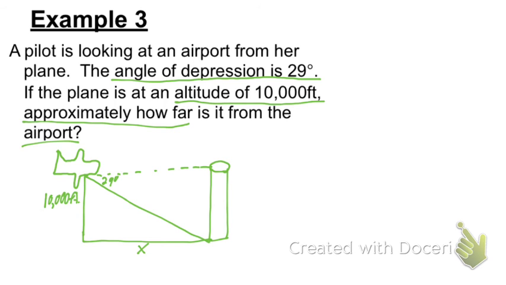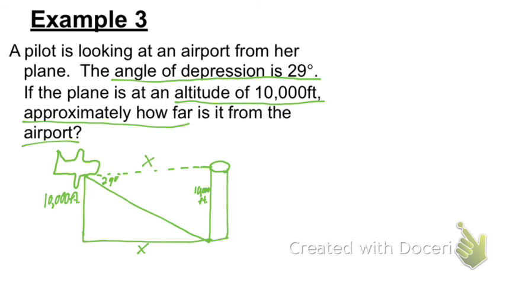Okay, now if this is 29 degrees, is this distance still x up here? Yeah. Okay. Is this distance over here still 10,000 feet? Yeah. Theoretically. So really, could we just do it from this triangle instead of the other one? Wouldn't it also be the same for the other one?